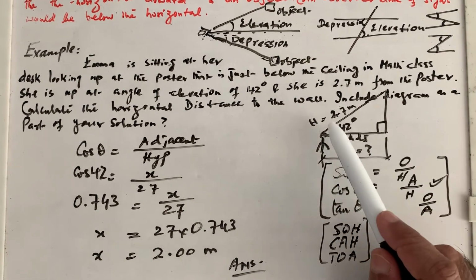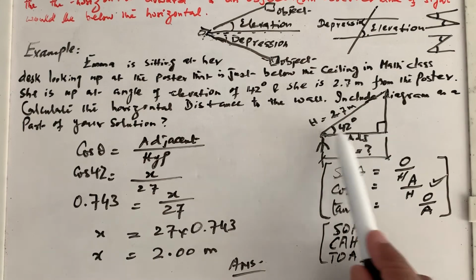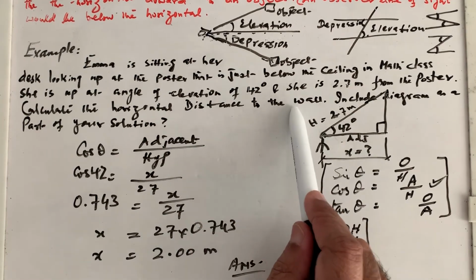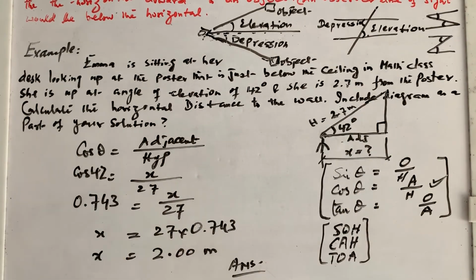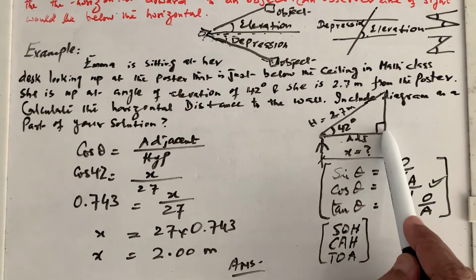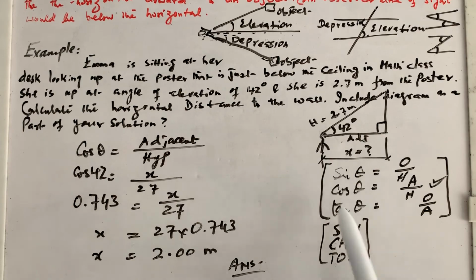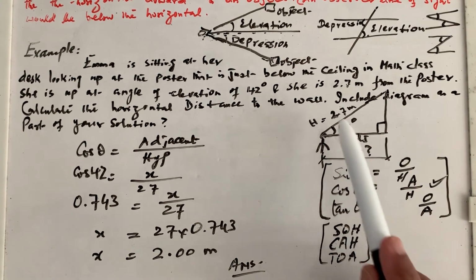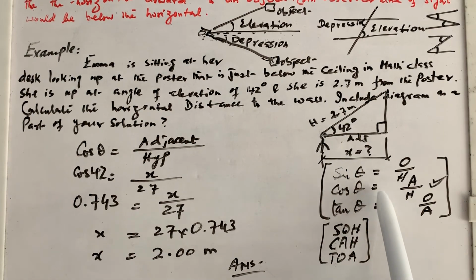She is seeing this, she is here, and what is the horizontal distance to the wall? Include the diagram as a part of your solution. Always remember these three trigonometric ratios for a right angle triangle, and then we use one of them. Because we have adjacent and hypotenuse, we select cos theta. We will see in each triangle which trigonometric ratio we can apply, and we apply it accordingly.